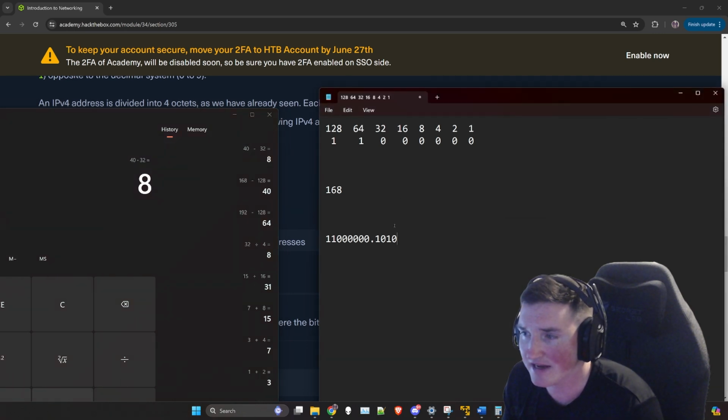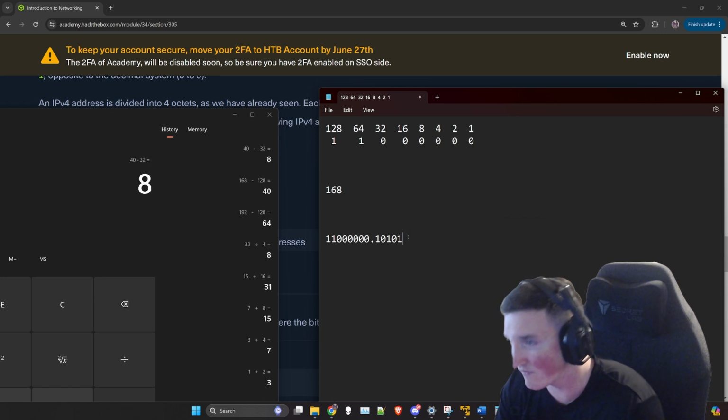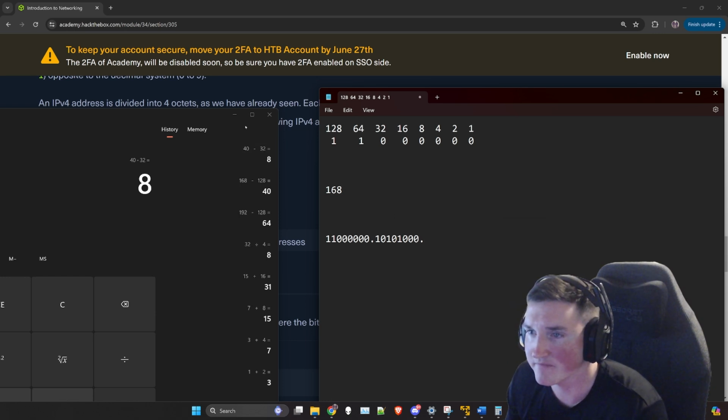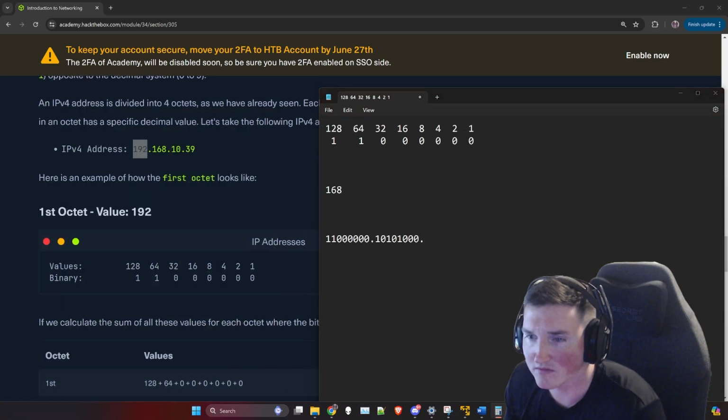So now we have 8. So we said it goes into 128. It does not go into 64. What's left is the 40. 32 does go into it. That's the extra 1. 16 doesn't go in there. 8. Yep. And that's what's left. So we say 8. And then we go 4, 2, 1. There's your 168, right? So now let's do the next one.